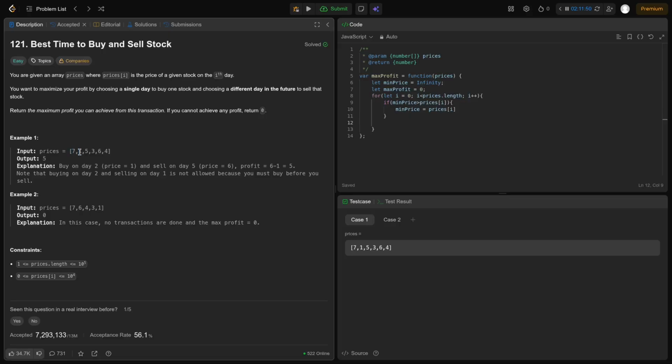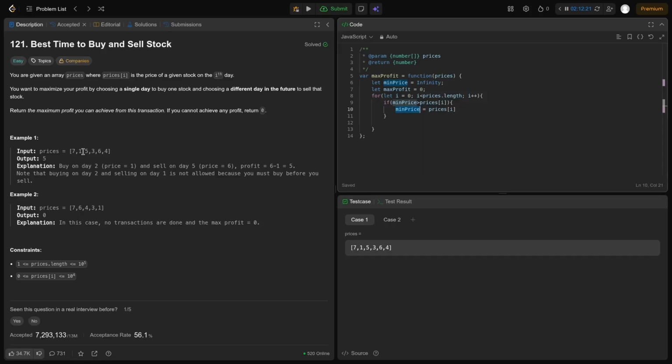Then we will go to the next element of the array and check whether this element is the minimum price, and obviously it is, because the previous minimum price was 7 and the current price is less than the previous minimum price. So we will assign the minimum price to 1, and if I sell today, then I will get 0 profit.